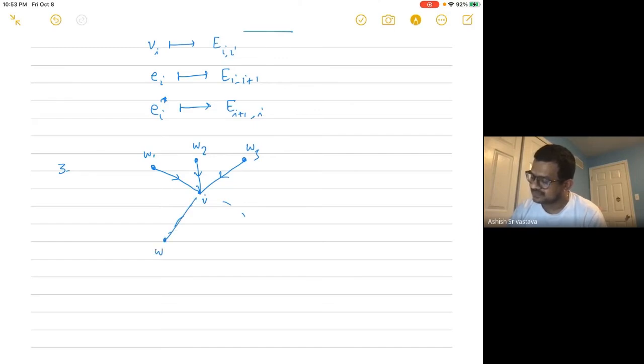Say W sub n minus 1, I have E1, E2, E3, all the way to E sub n minus 1, all these going in. This is an exercise for you. You can check that in this case also the Leavitt path algebra would be isomorphic to it.